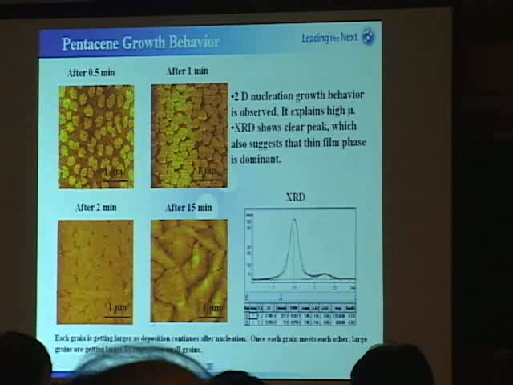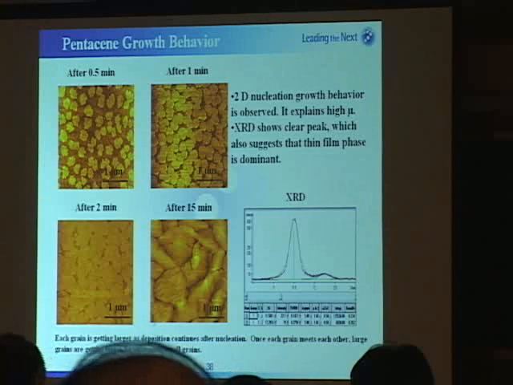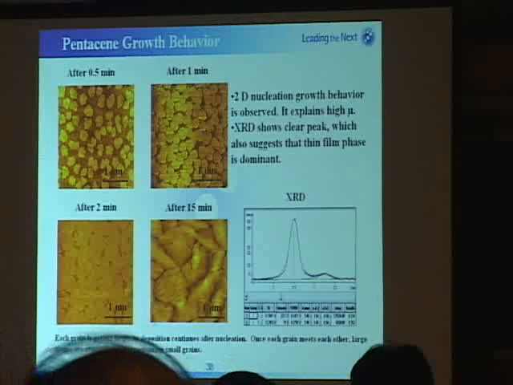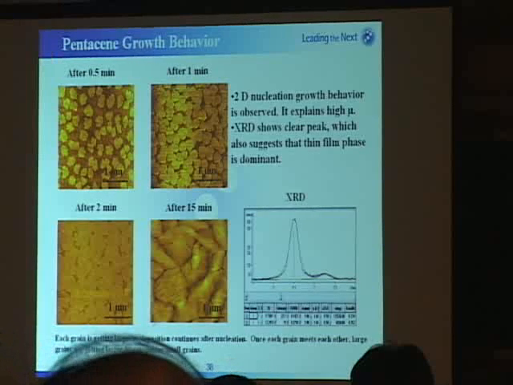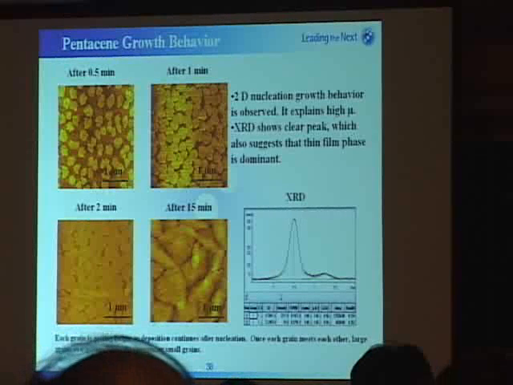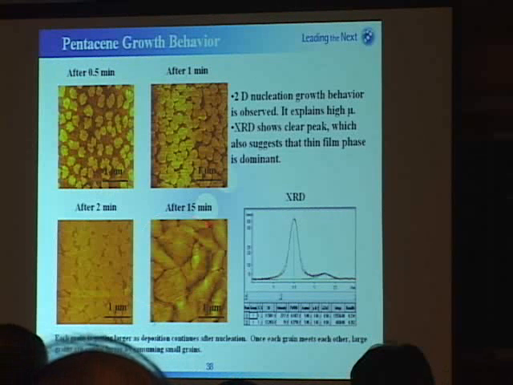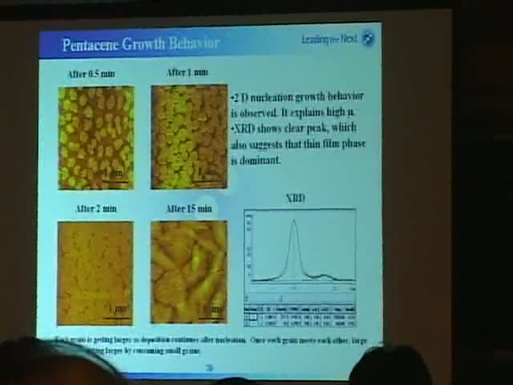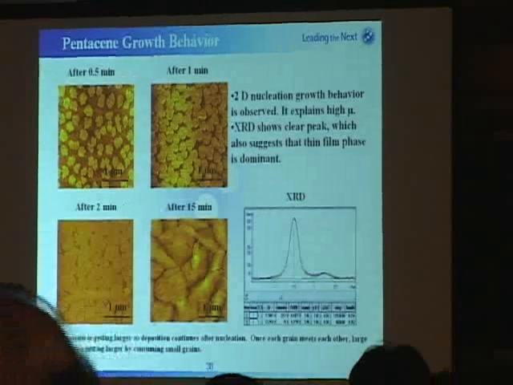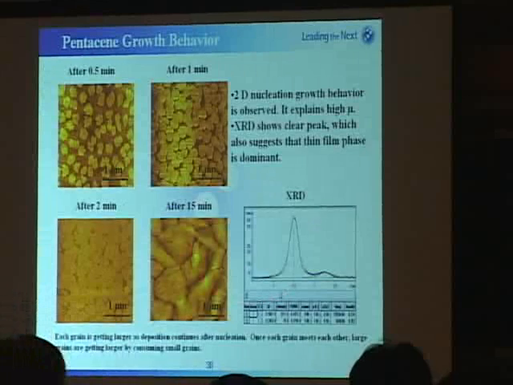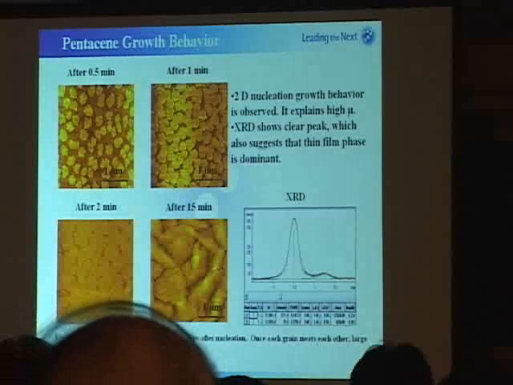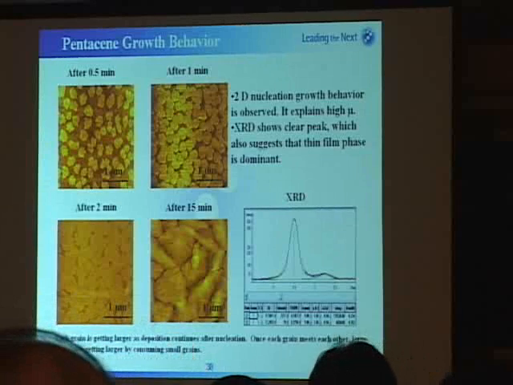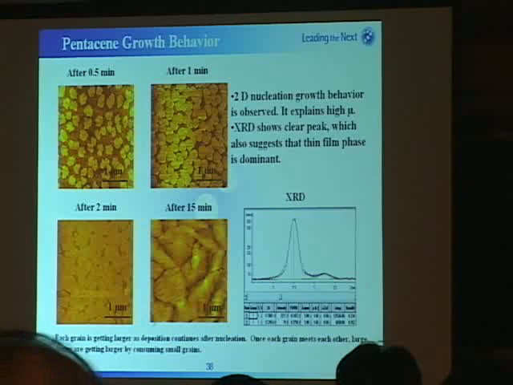And once the grains contact each other, the large grains get larger by consuming the small grains, and end up with around 2 micron size. Thus the two-dimensional nucleation growth behavior is observed, and it explains the high mobility of pentacene films. And this XRD shows clear peaks, which also suggests that the thin film phase is dominant.